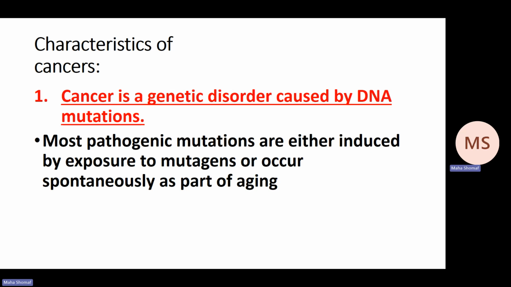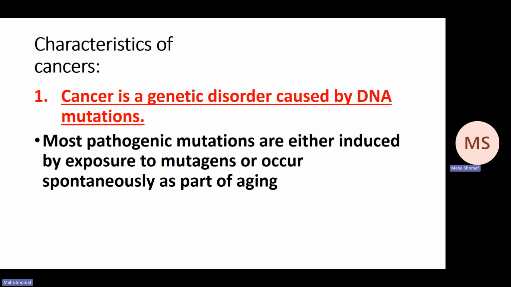The first characteristic feature of cancer is the genetic setup of the DNA of cancerous cells, which is caused by changes that affect the DNA. Most pathogenic mutations are either induced by exposure to mutagens or occur spontaneously as part of aging in humans.